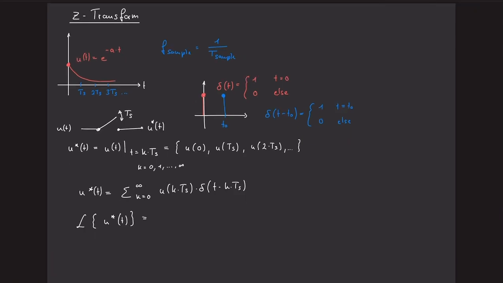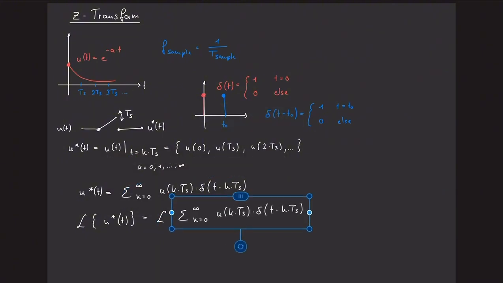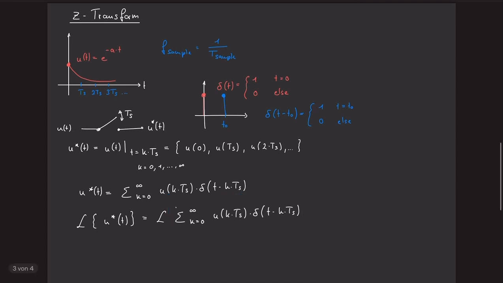Now, given that the Laplace transform is a linear transformation, we can basically pull the transformation within our series and only do the transform on the time variant parts of the signal, which in our case would be only the Dirac delta functions.